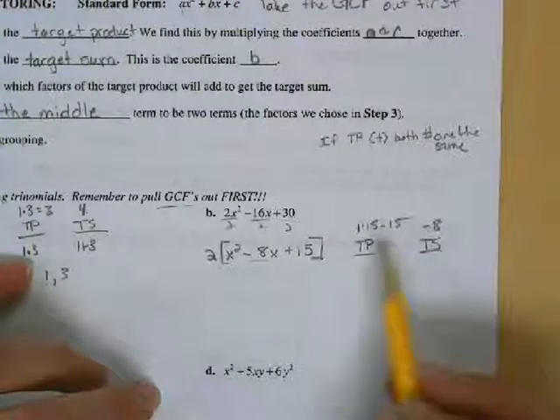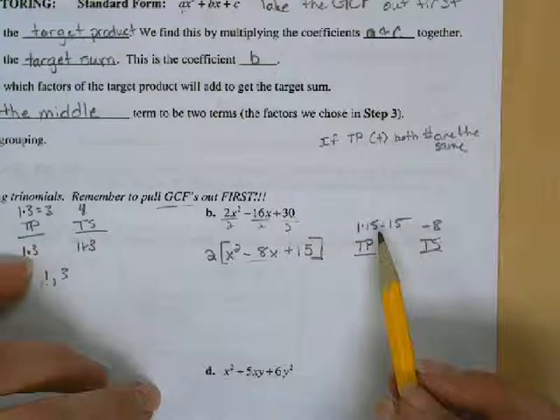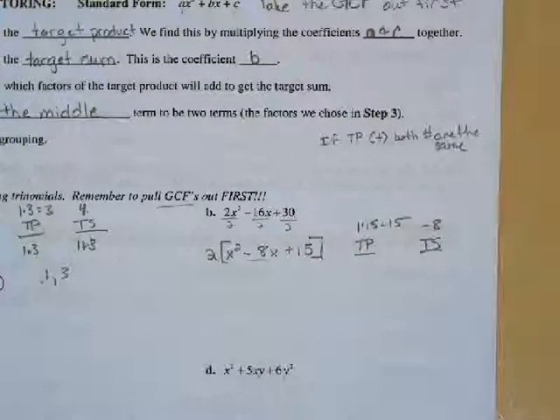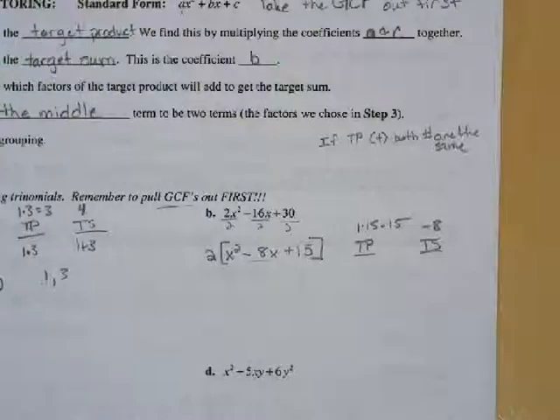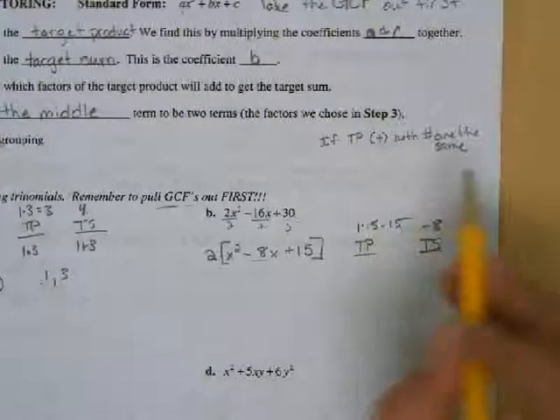A negative times a negative does make a positive, so they can both be negative numbers.